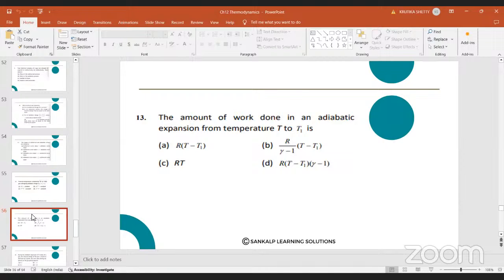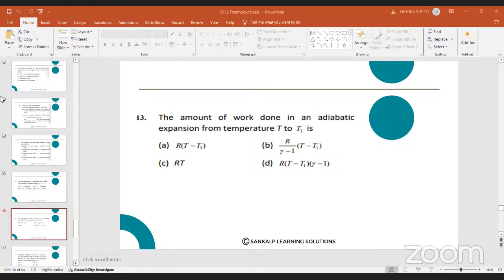The amount of work done in an adiabatic expansion from temperature T to T1 is... Yes, option D. Sorry, option B is correct.